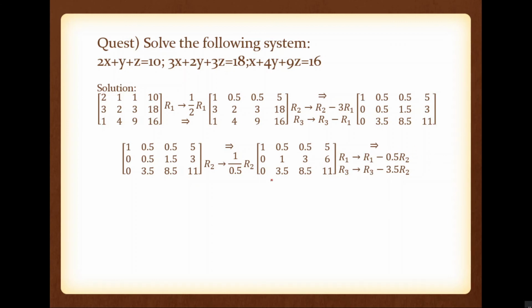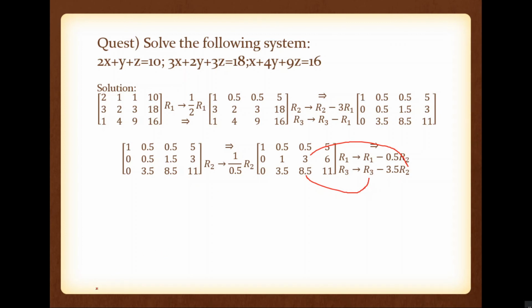Then similarly, this 0, 0 minus 3.5 into 0, so that is 0. 3.5 minus 3.5 into 1, so 3.5 minus 3.5, so that is 0. So this element is 0 now. Now 8.5 minus 3.5 into 3, so 8.5 minus 10.5.